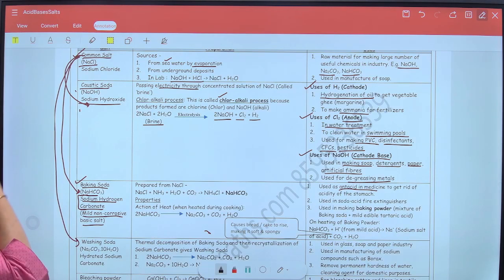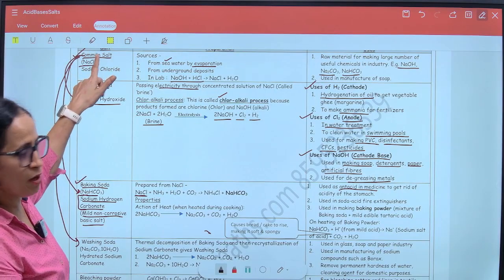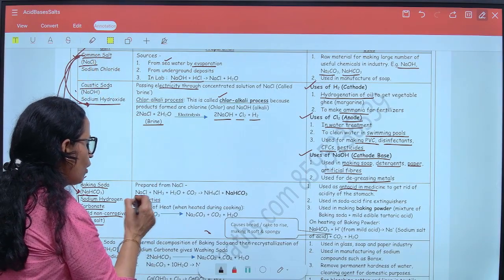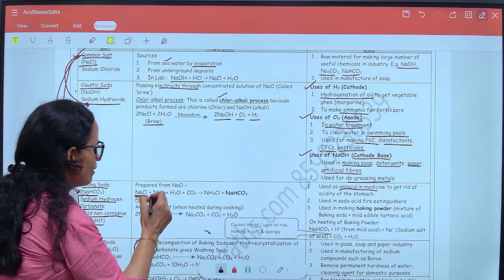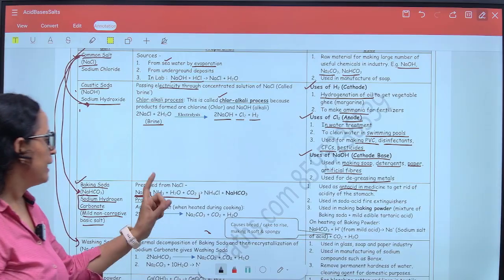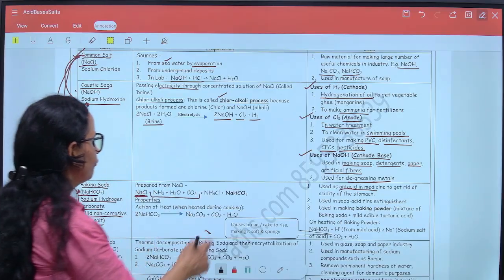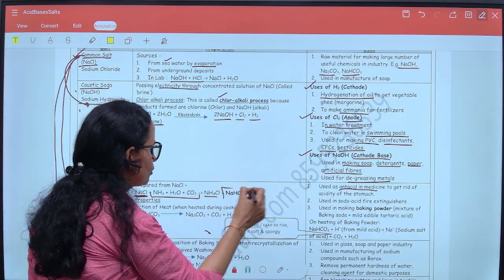So how do you prepare baking soda first? Again, NaCl, the common salt, don't underestimate. NaCl plus ammonia, water and carbon dioxide, NH3, H2O, CO2. When all these are brought together, they react to form NH4Cl and NaHCO3.